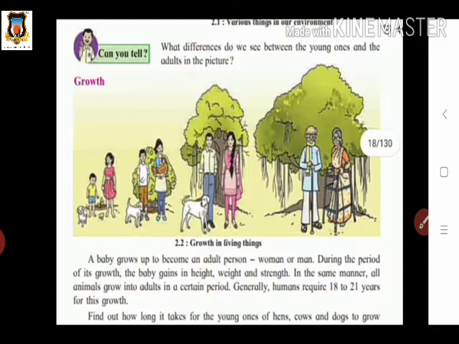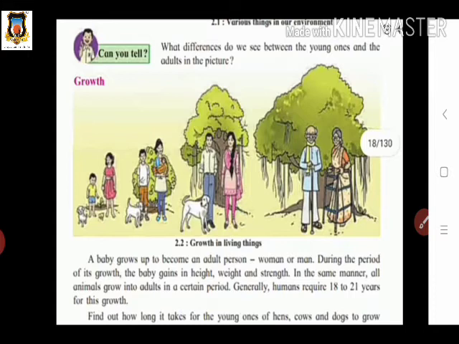The same is true of a puppy, a small dog baby, and the adult dog: the weight and height are different. We also see the tree. There is a small plantlet, a small crop, very small in height with no branches, but when it becomes an adult, this plant gets converted into a tree, and its height is increased.